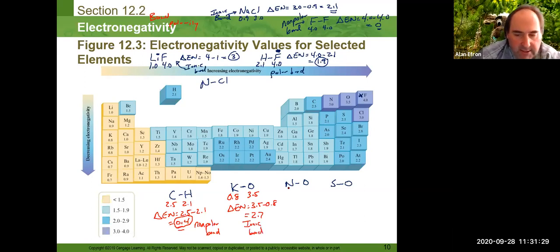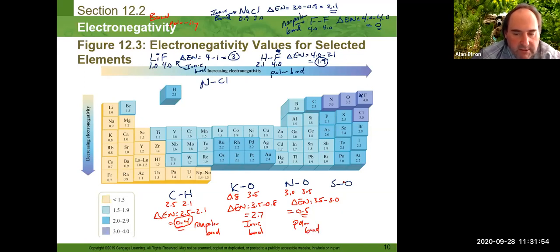Nitrogen and oxygen. We have nitrogen, which is 3, and oxygen, which is 3.5. Difference in electronegativity would be 3.5 minus 3, which gives you 0.5. 0.5 is above 0.4, so we would expect this to be a polar bond.